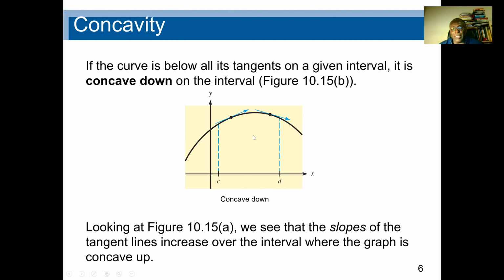By looking at this very figure, we can see that the slopes of the tangent lines increase over the interval where the graph is concave up. You can see the slope increase.